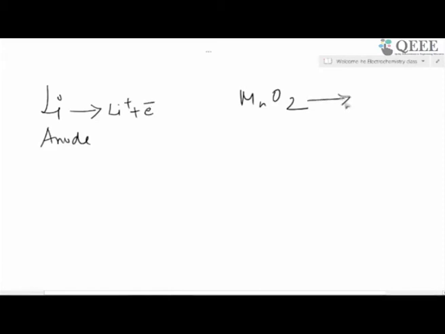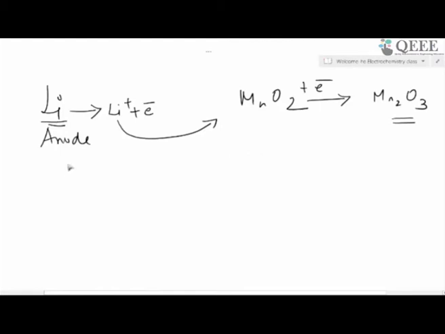At the same time, MnO2 takes that electron and produces Mn2O3. So this is the reaction that happens. The ion which moves from the anode to the cathode was lithium. So lithium was moving from the anode to the cathode. In the anode you had lithium, and in the cathode you had Mn2O3.